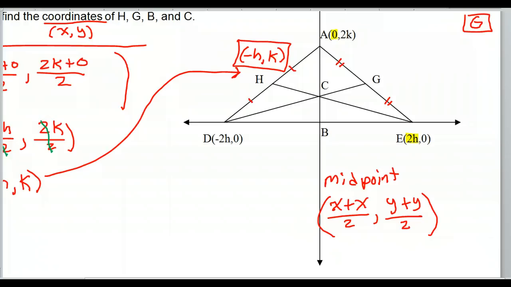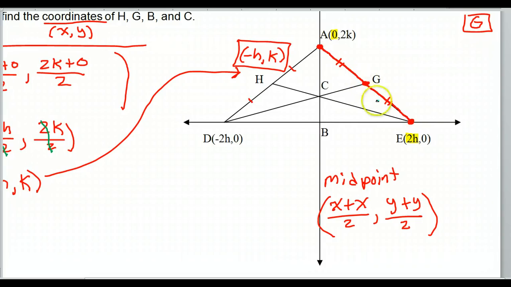how can I make this clear? If we're trying to find G, which is the midpoint, it's the midpoint of what? G is the midpoint of this segment right here. So I have to use A and E because those are the endpoints of this segment.